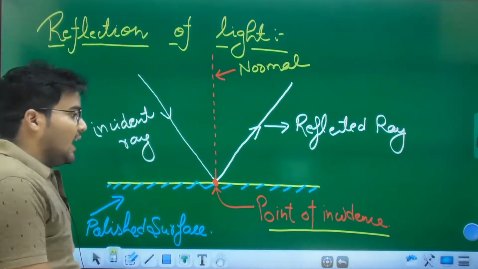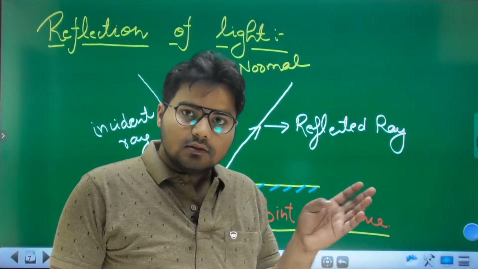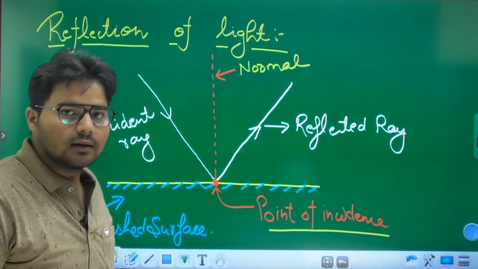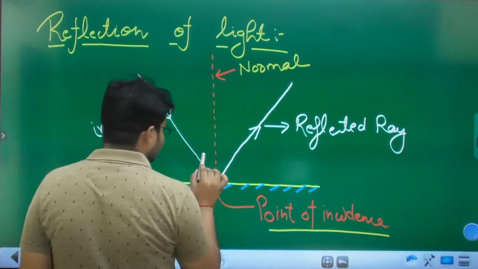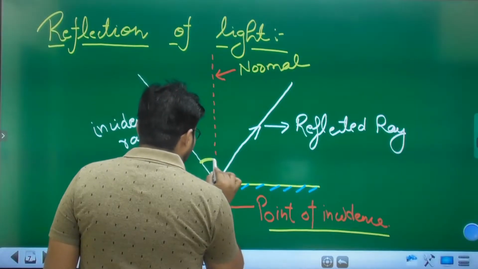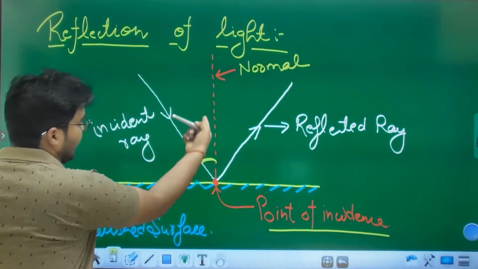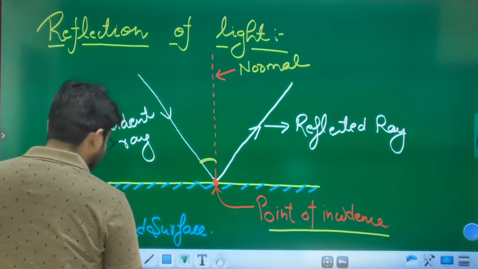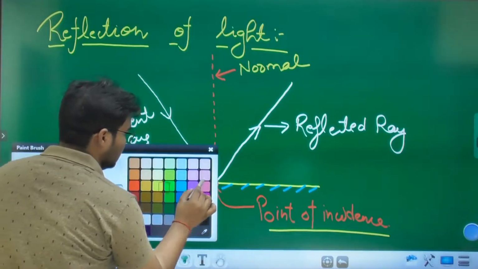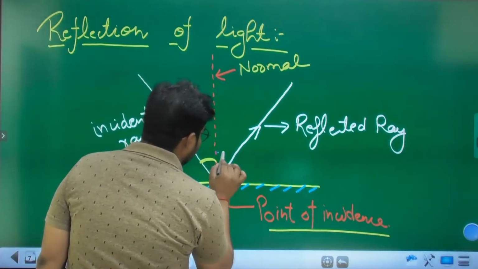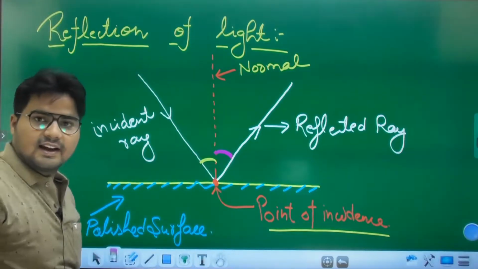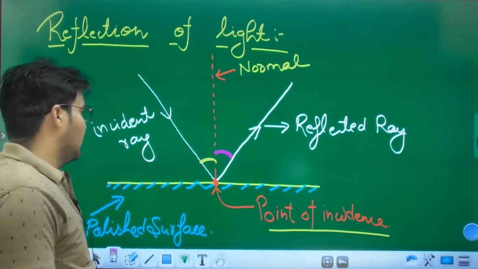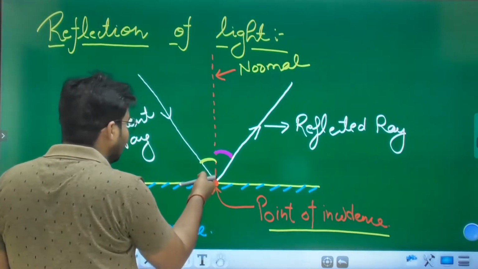Clear? After this, two new terms occur. The first is the angle between the incident ray and the normal, and the second is the angle between the reflected ray and the normal.